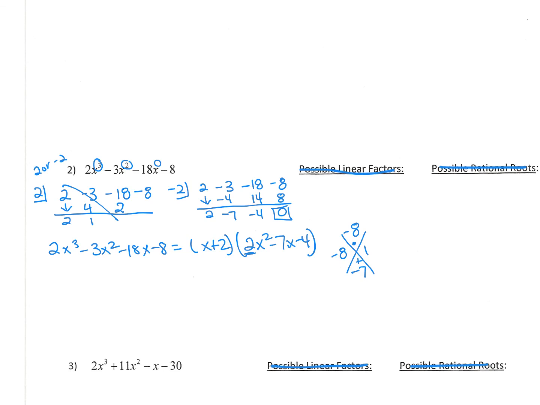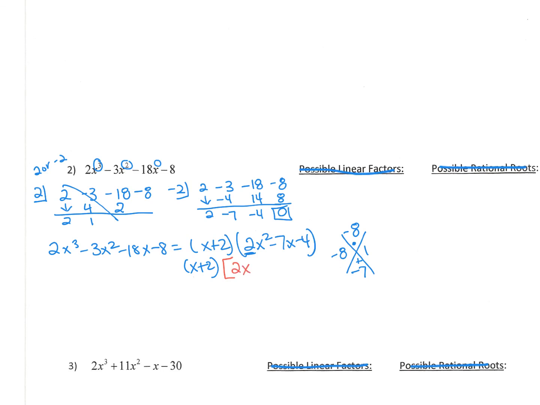We're having trouble factoring those problems. So let's give this a try. I'll do it in the problem. I have my x plus 2, and I'm just going to open a bracket because I need to do a little bit of work to figure out my other factors here.